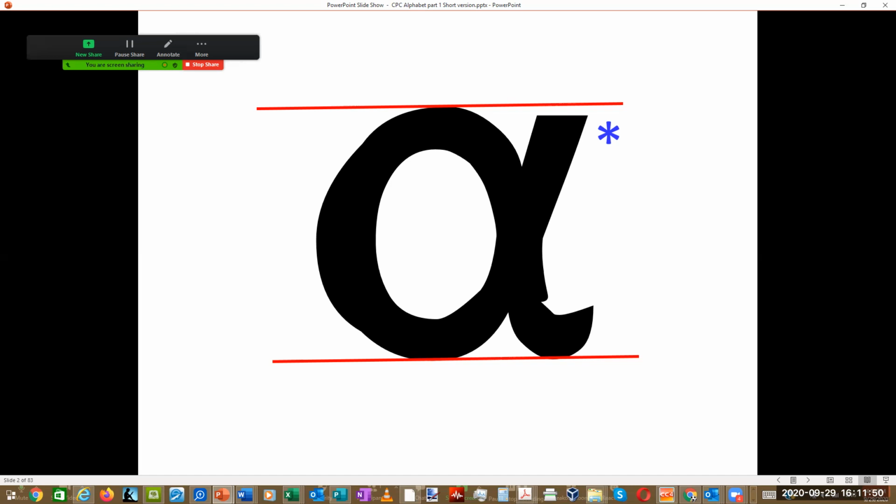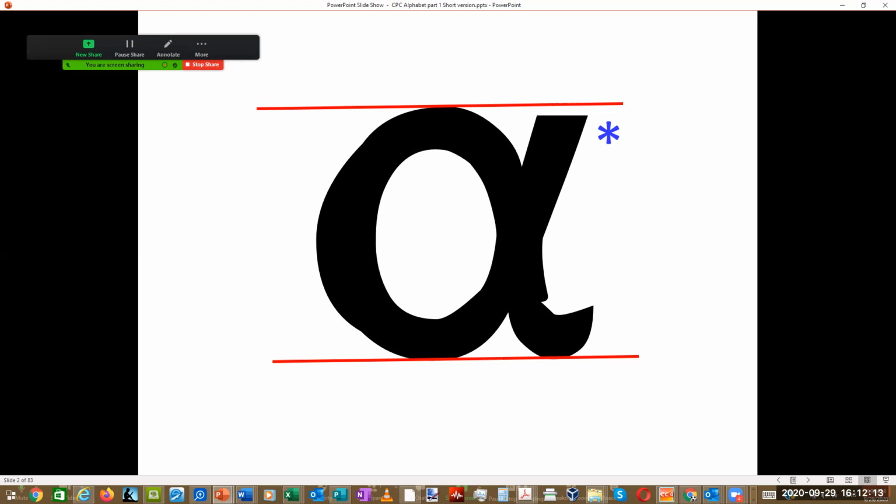I would just point out that this first letter alpha is written between upper and lower line. These two lines are simply given here so that you can compare the letters in size. There will be larger ones.